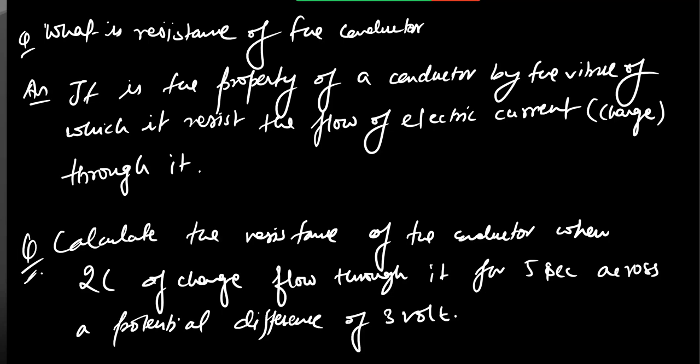One second, sir. Calculate the resistance of the conductor when 2 coulomb charge flows through a conductor for 5 seconds across the potential difference of 3 volt. So is that 5 seconds or 8? 5 seconds. One second, sir.